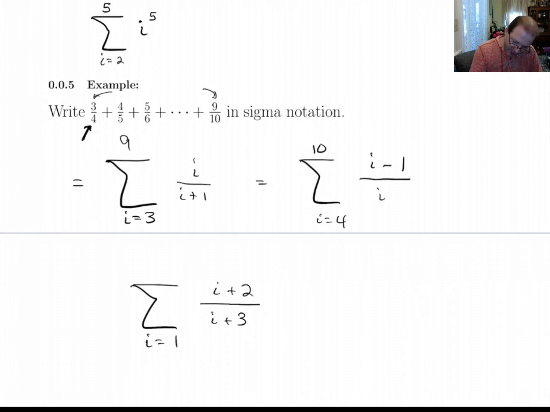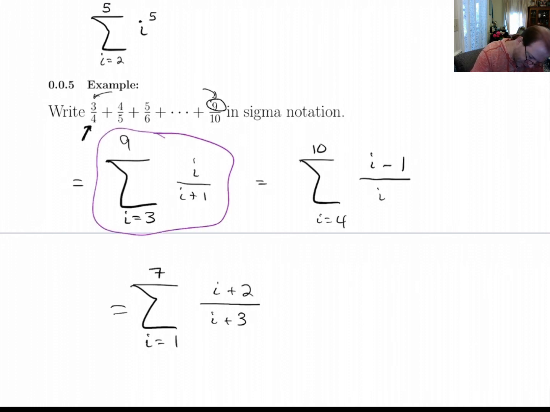But then where would you stop? You'd have to stop where I plus 2 would be 9, so stop at 7. Yeah, so you could do something like that as well if you wanted to, but that's kind of silly. It makes the most sense to do one of these two here.